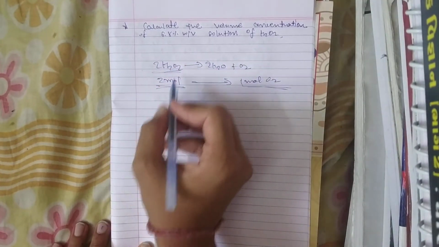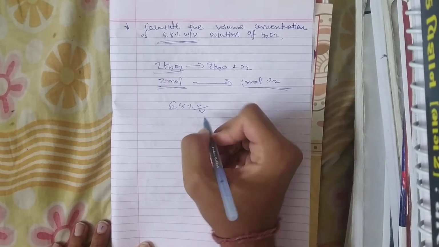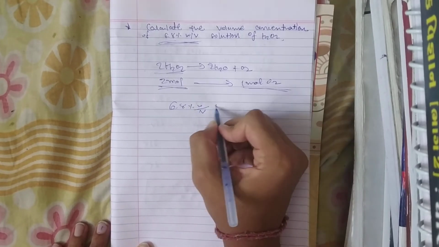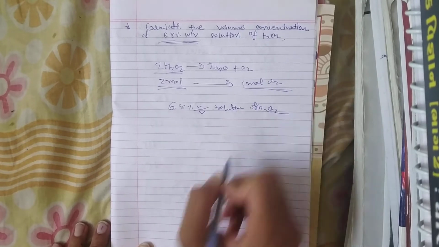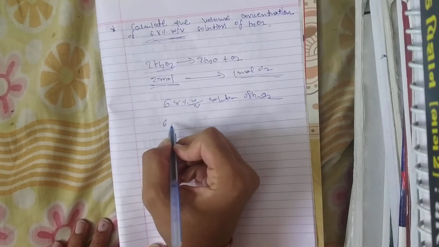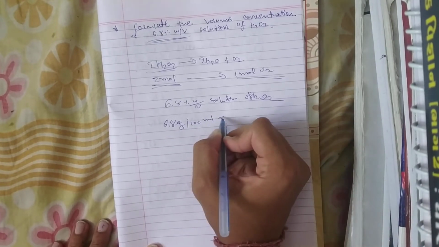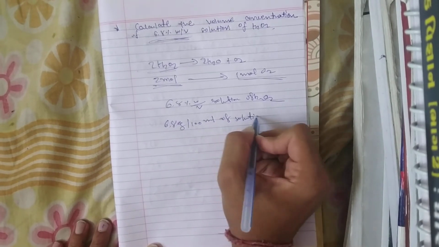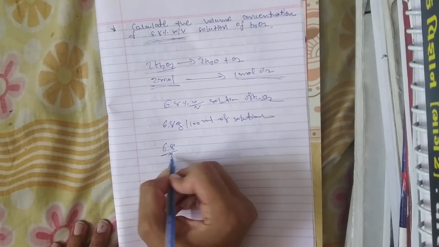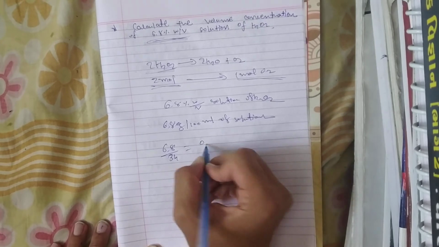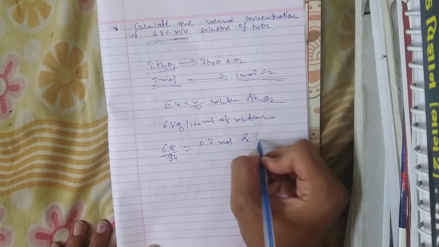Here we have a 6.8 percent weight by volume solution of H2O2. So I can say that there are 6.8 grams in 100 ml of solution. Now 6.8 grams divided by 34 is 0.2 mole of H2O2.